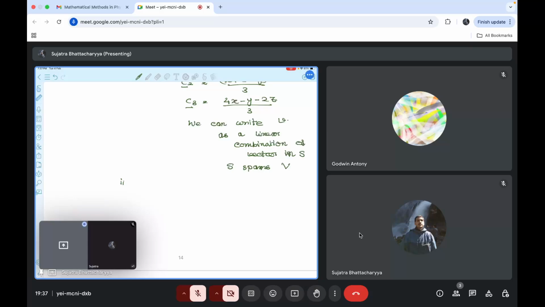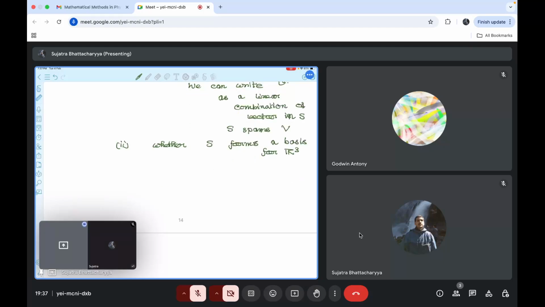The obvious second question is this: whether the S vectors form the basis for R3 or whatever. Okay. So for the basis, I have already shown that S spans V. For the basis, we just need to prove the linear independence, right?